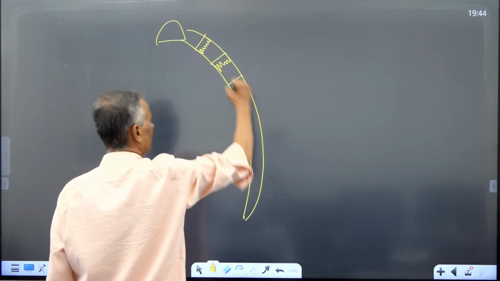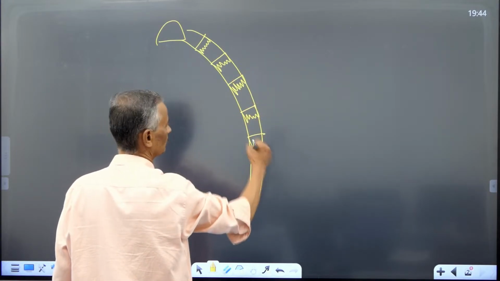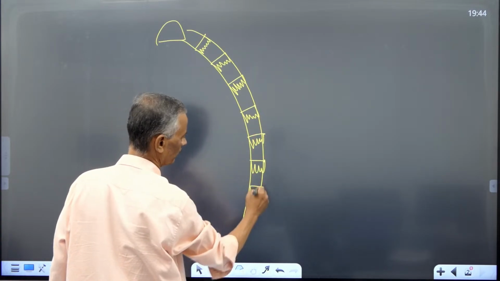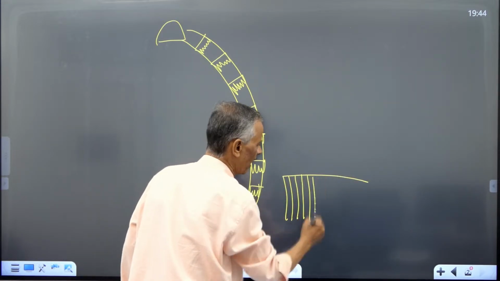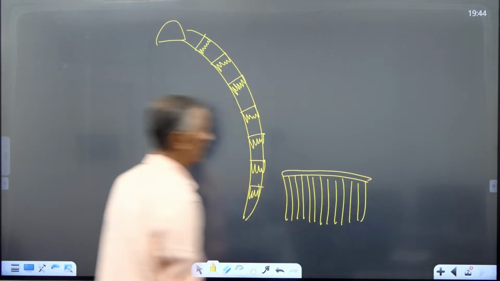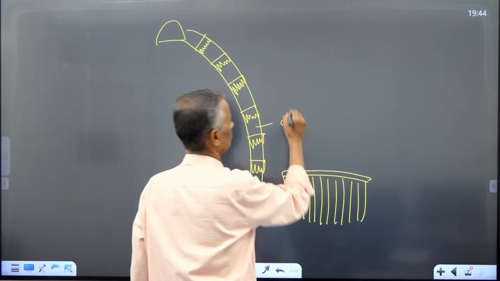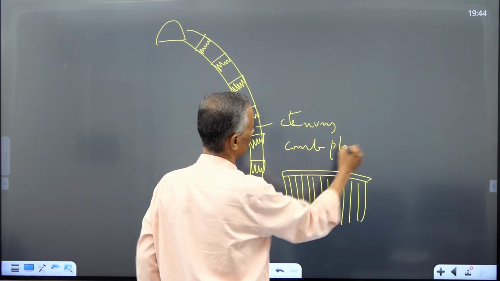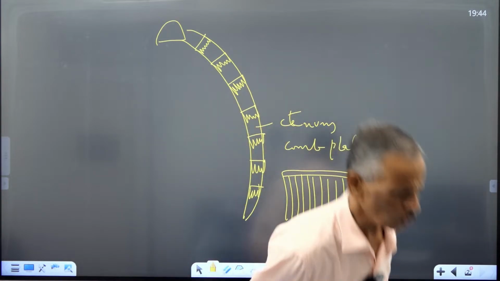The very common thing that we use for cleaning and dressing our hair. Similarly, it is a row of cilia, a plate of cilia. This plate of cilia is called ctenum, or comb plate. Can you follow?